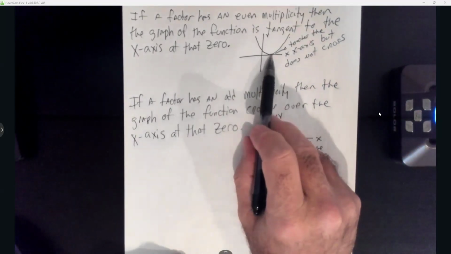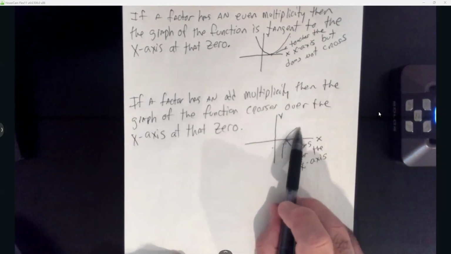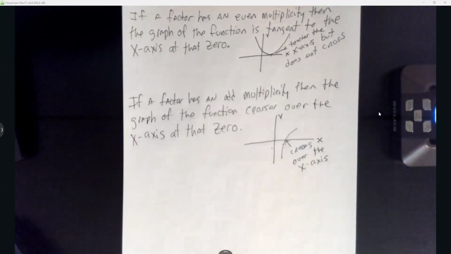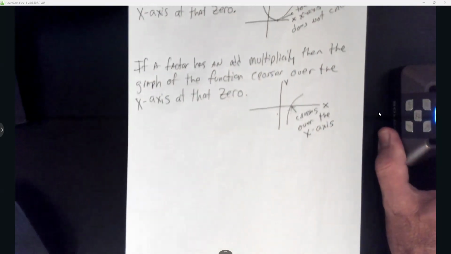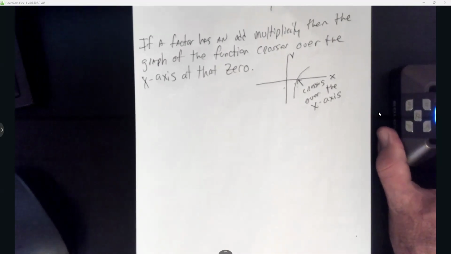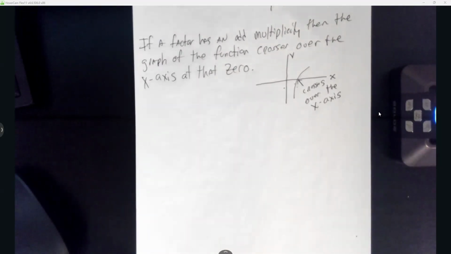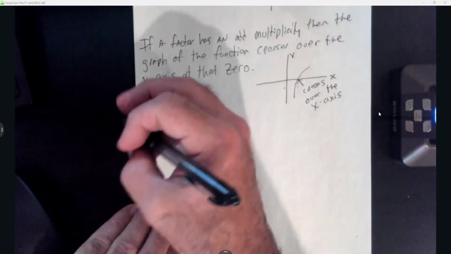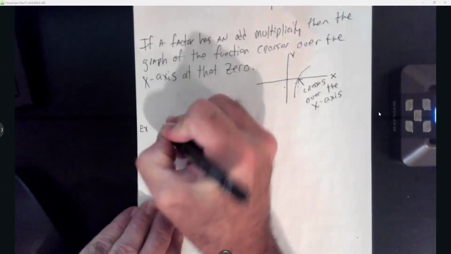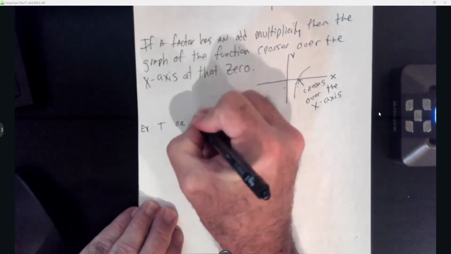Okay, so evens touch it, odd ones cross right on over it, okay? Now, all they're going to do on this stuff is ask us two true or false questions. So true or false.